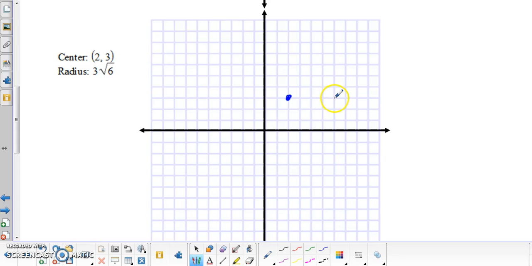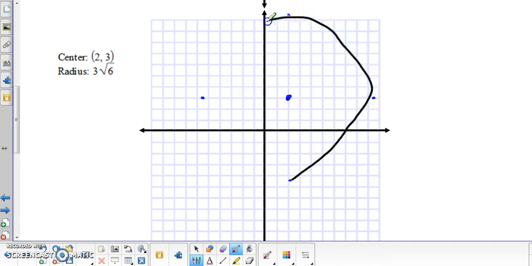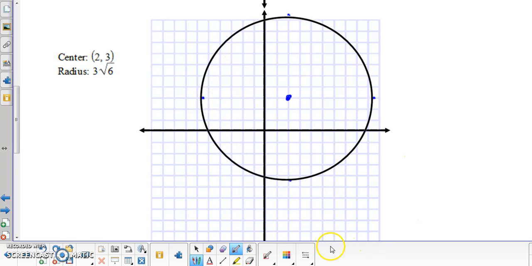So 1, 2, 3, 4, 5, 6, 7.3. And again in each direction, 1, 2, 3, 4, 5, 6, 7.3. There we go.